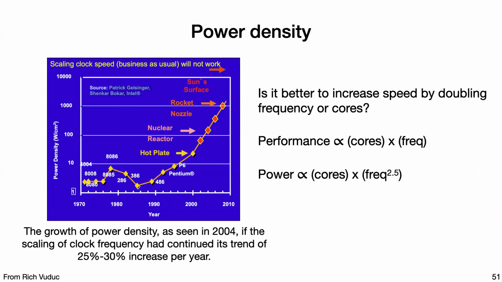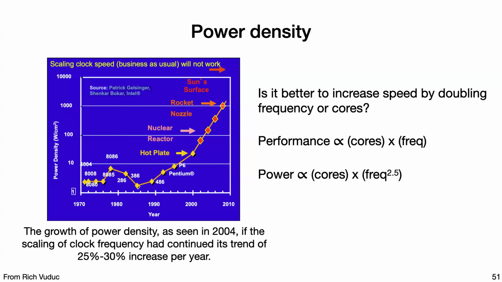One question this gives us is that there are two ways to improve the speed of your machine. One is to improve the frequency, or the number of cycles you can do per second. Another is to improve the cores, which is the number of processors that you have on your single chip. Performance is basically cores times frequency from an analytical perspective, and the power is related to cores times frequency to the 2.5.